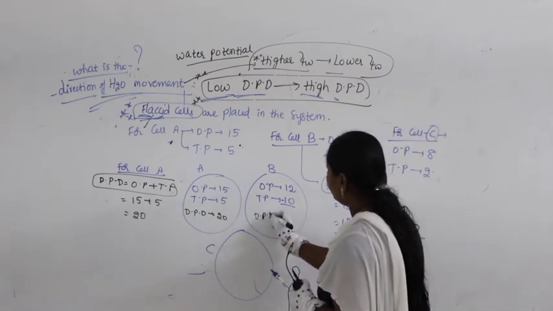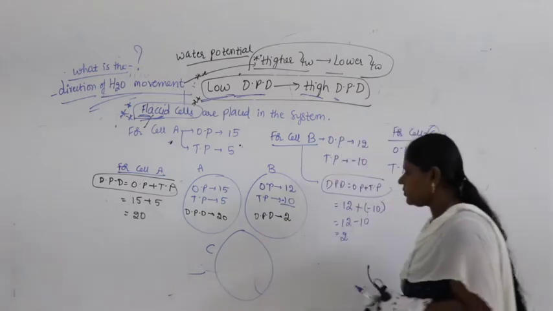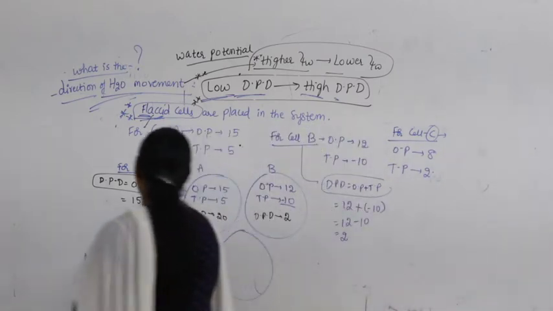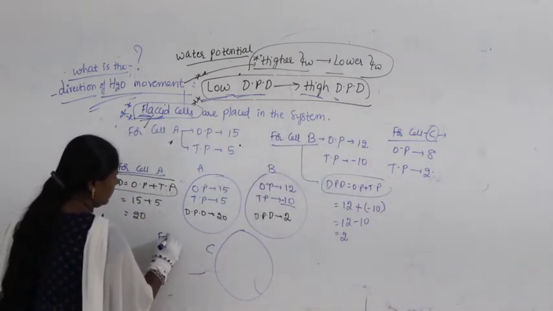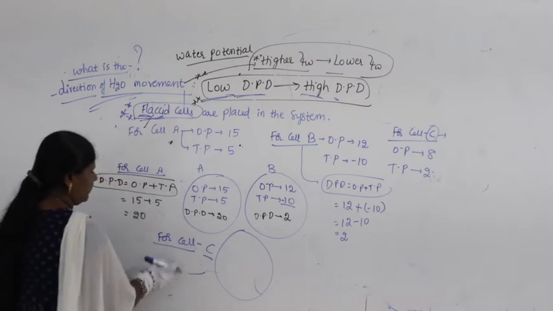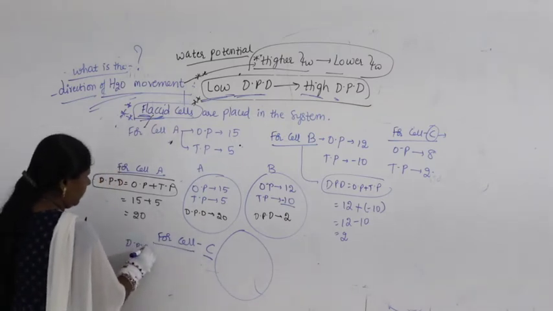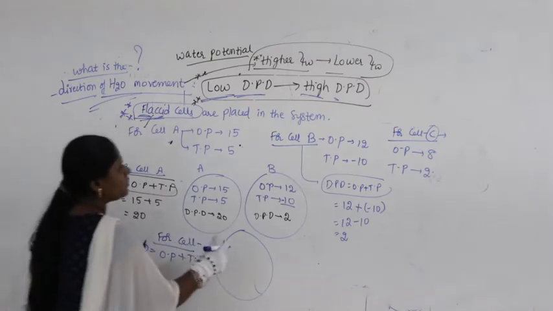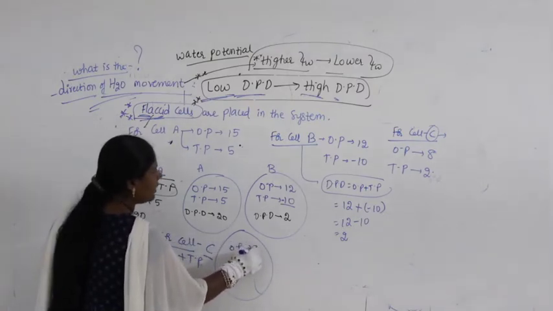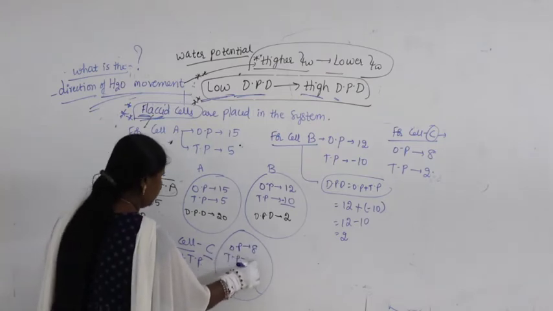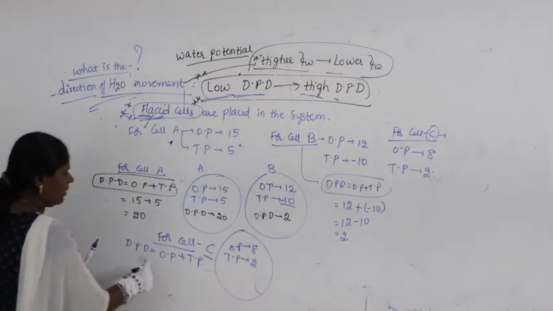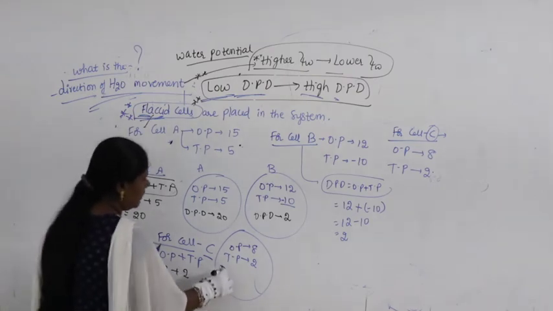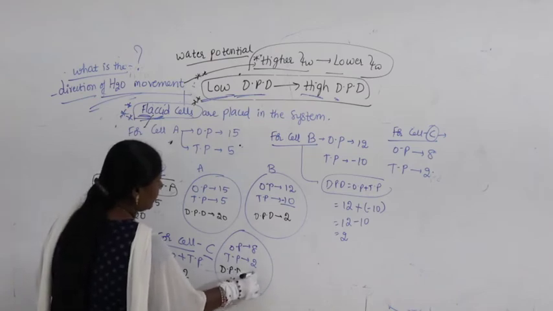You will get DPD value as 2. Next, for cell C, I am writing the same formula OP plus TP. So what are the values for C? OP is equal to 8, TP is equal to 2. So what is the value you will get? That is 8 plus 2 is equal to 10. So DPD value is 10.